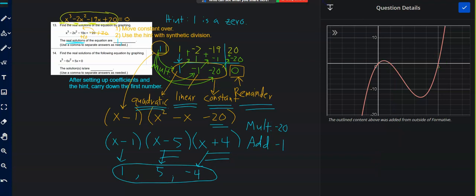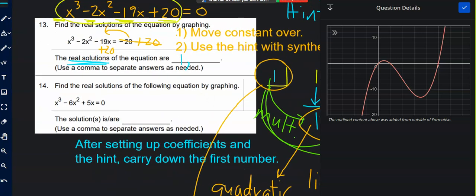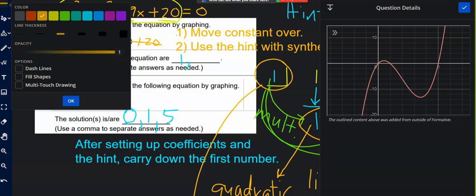Well, that's kind of neat. And now you're like, neat? What do you mean by neat? Okay. So, we already know some of the answers here to this question. We didn't have to do any of that synthetic division for this. 0, 1, 5. Now remember what I taught you the other day.